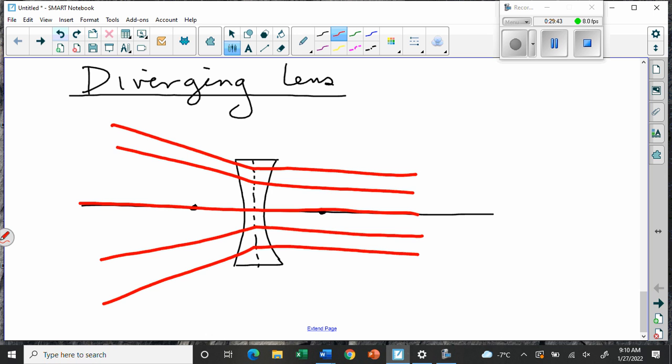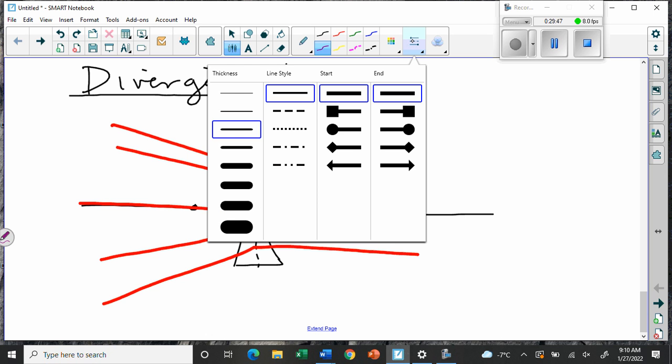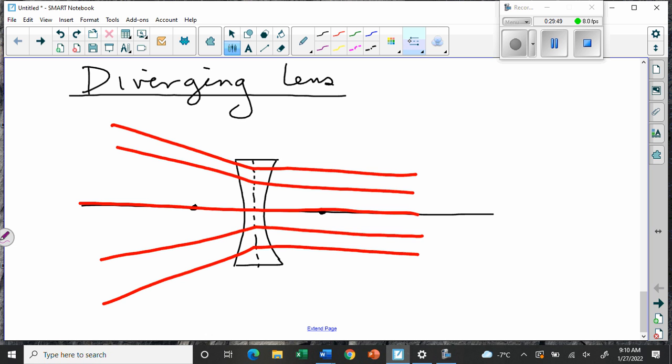But if I extend these lines backwards, let me use a different color so we can see where they might look like they came from. An eyeball watching these rays would say, oh, look at all these rays that are hitting me. They look like they're coming from a place inside the lens, that looks like this. So this is what we call a virtual focus.